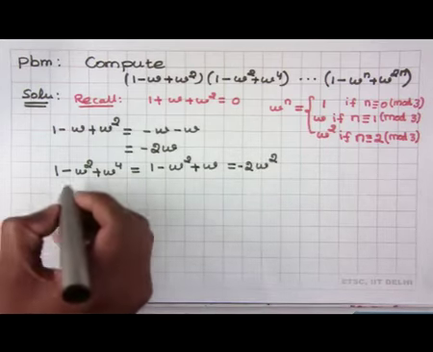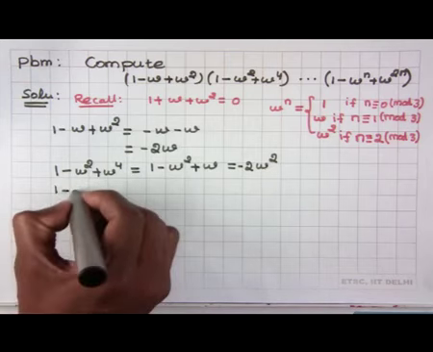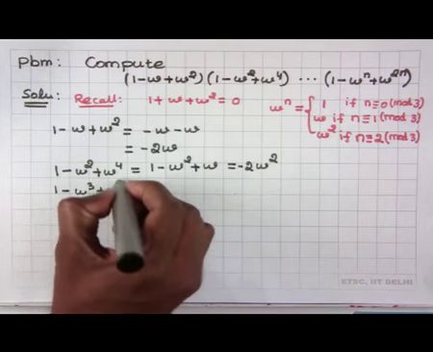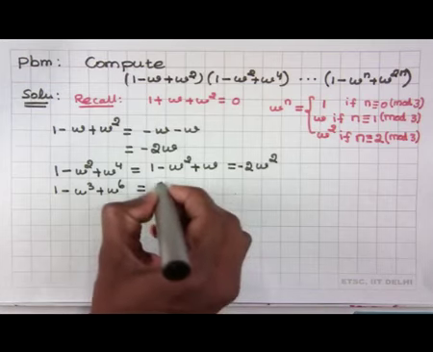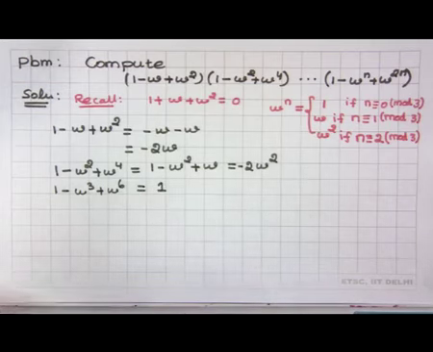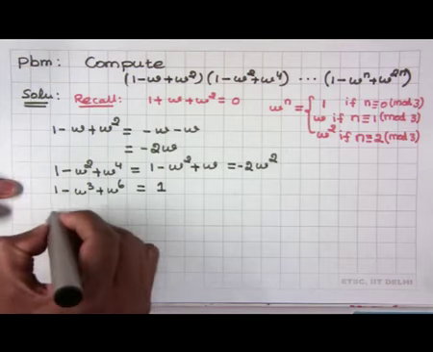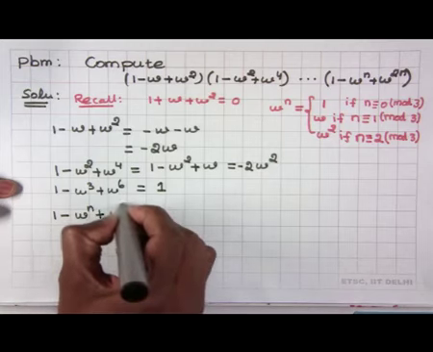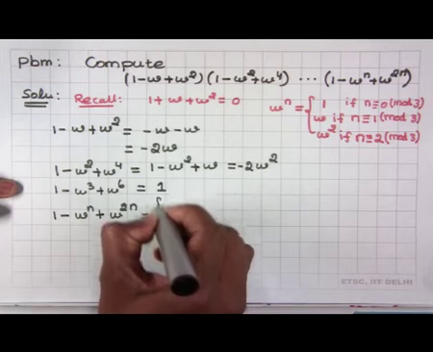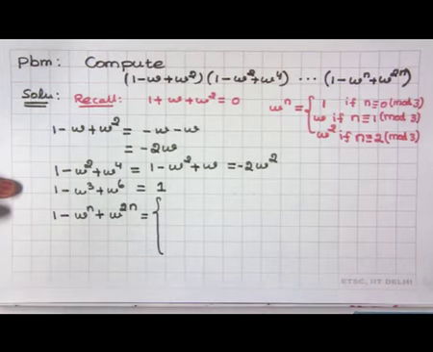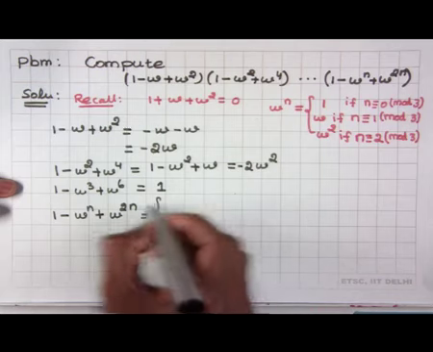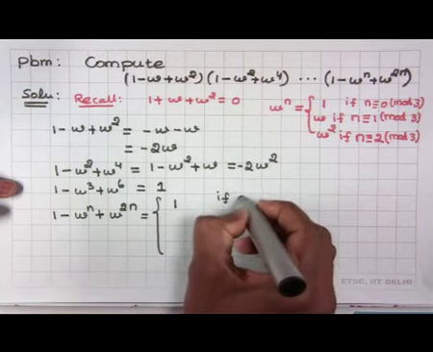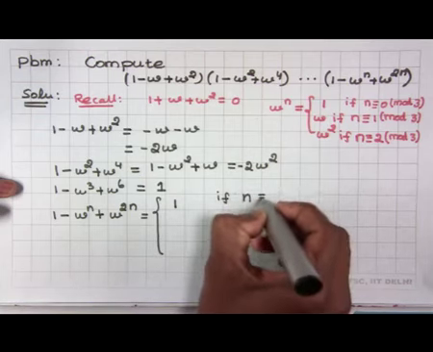If I go to the next expression, which is 3 plus 6, we see that immediately it is 1. So, the general observation is 1 minus omega power n plus omega power 2n, we will get the expression 1 if n is a multiple of 3.